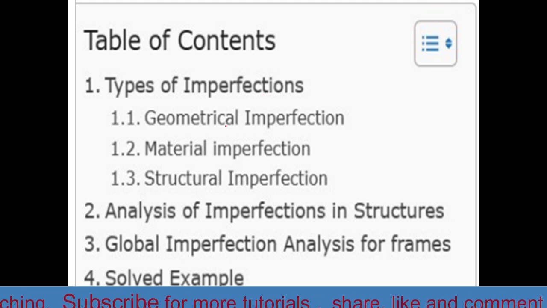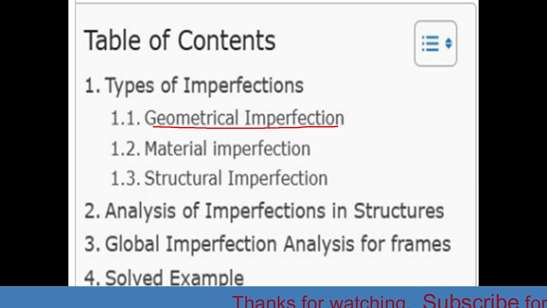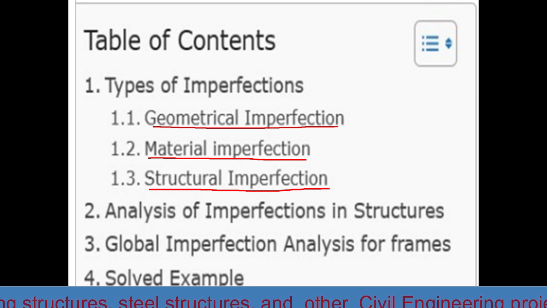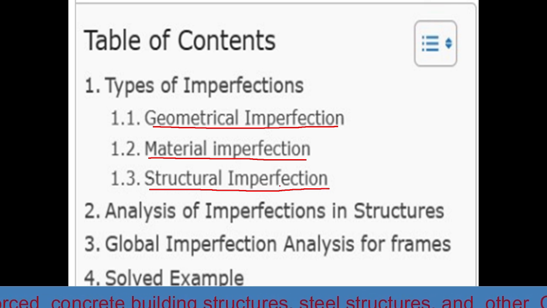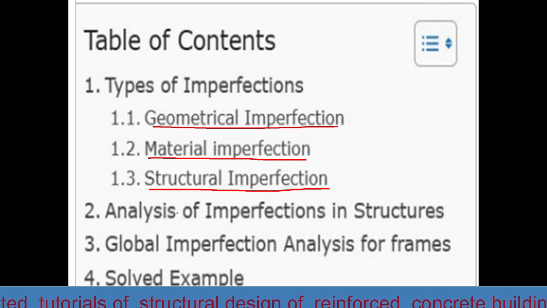Those imperfections are the geometrical imperfection, and the second imperfection problem that we will be facing is the material imperfection, and the third one is the structural imperfection, which we will focus on in detail.